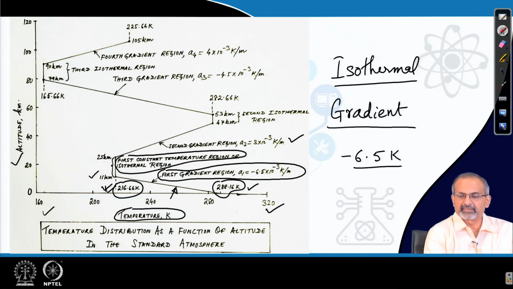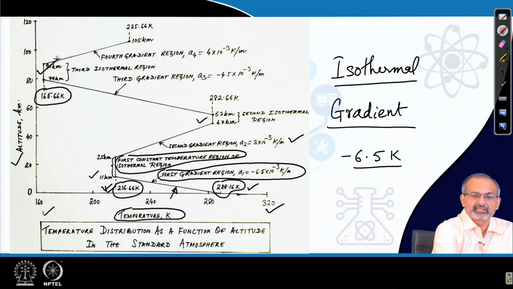Then comes the second gradient region between 25 to 47 kilometers, where the temperature changes to 282.66 Kelvin. It remains constant between 47 to 53 kilometers altitude, then again starts reducing between 53 to 79 kilometers altitude, where it drops to a fairly low temperature of 165.66 Kelvin, remains constant up to 90 kilometers, again increases between 90 and 105 kilometers.